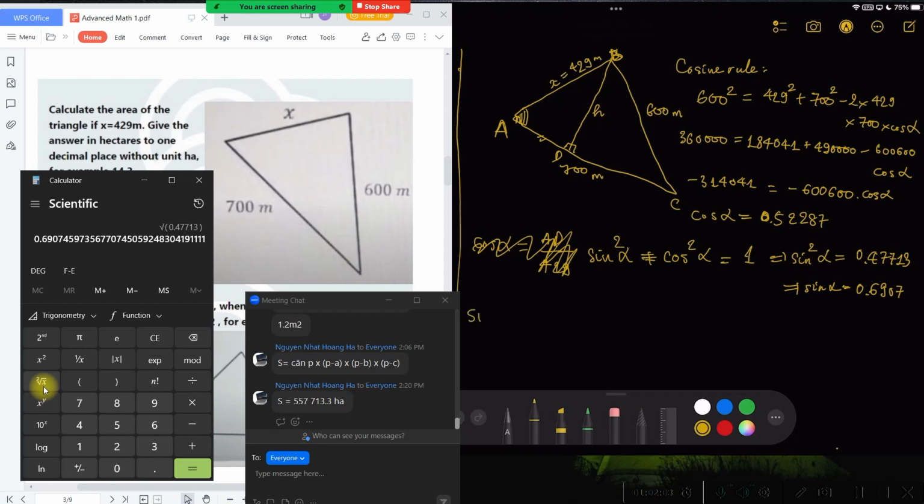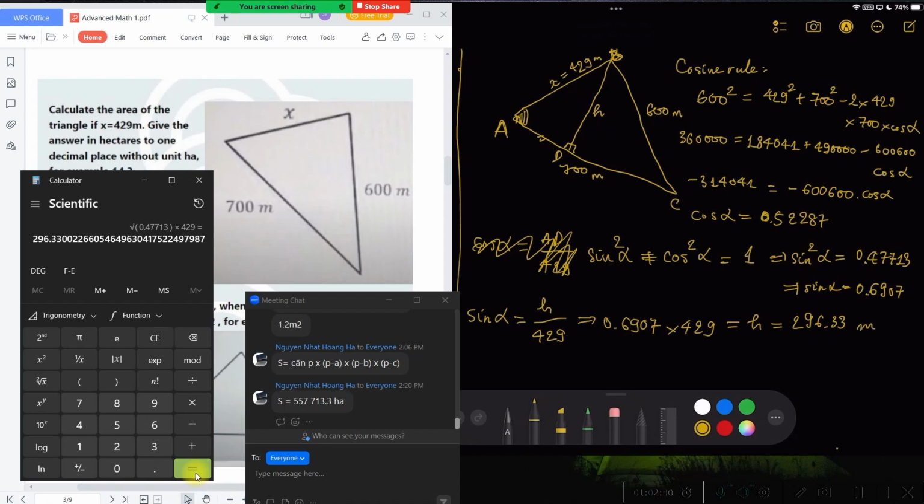But then sine alpha is h over the hypotenuse, which is 429. So 0.6907 times 429 is equal to h. So h should be 296.33 meters. We found the height.